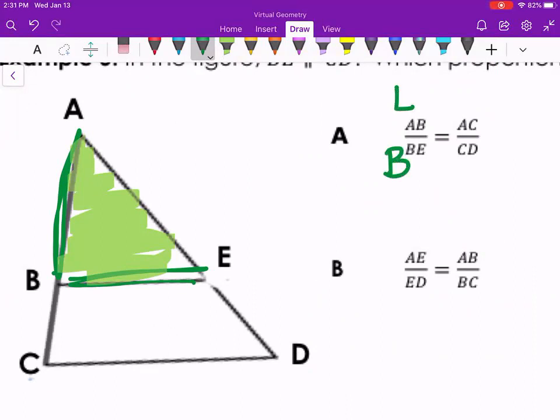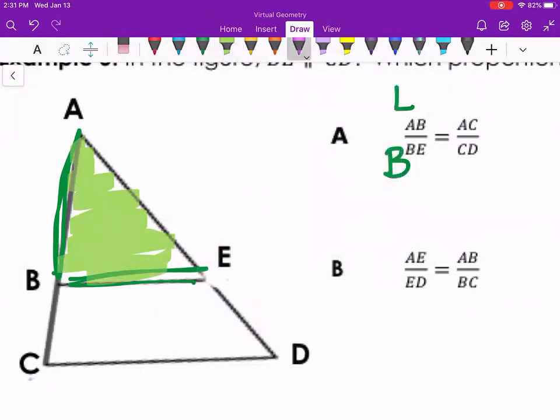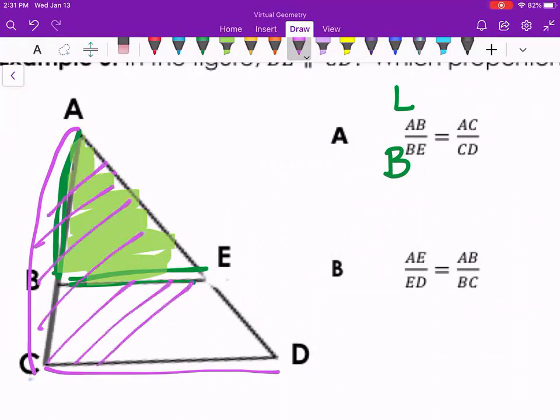Let's see if we compare left to bottom of the big one. So now we need AC, okay, that works, and CD. That takes care of our big triangle: left of the big one, bottom of the big one. That one is a true proportion.